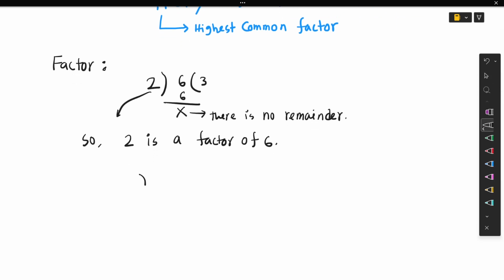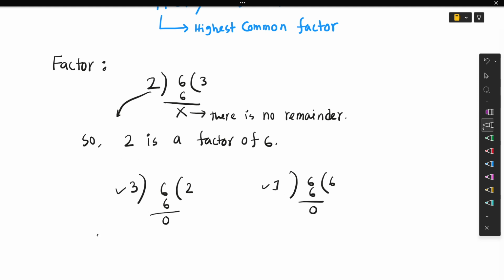Now similarly, if you divide 6 with 3, you get 2 and there is no remainder. Therefore 3 is also a factor of 6, right? And you can divide any number with 1, it gets 6 times and you have same 0. Therefore 1 is also a factor of 6.